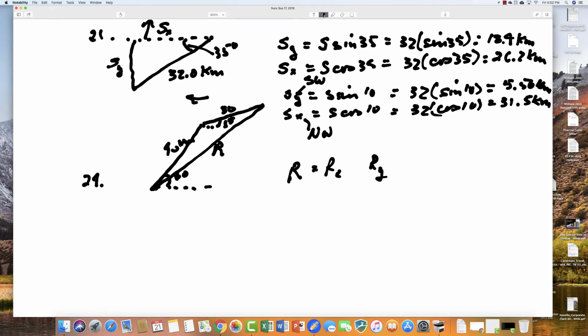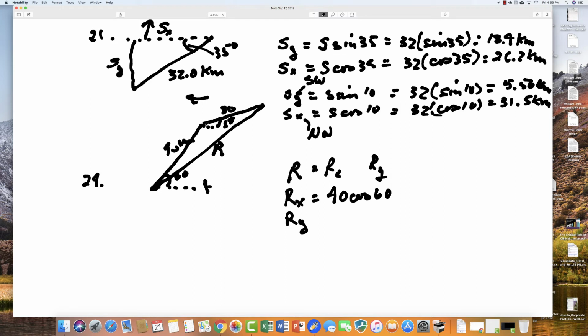So in order to do this, we have to start out by finding Rx and Ry. Well, Rx is going to equal this first piece, X, which is the side adjacent, so it's going to be the cosine. So Rx is going to be 40 cosine 60 degrees, and that's this part of the Rx right here.